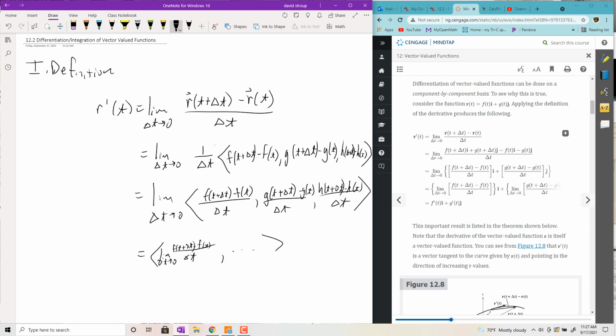And then that'll just equal the derivative of f of t, comma, the derivative of g of t, comma, the derivative of h of t.